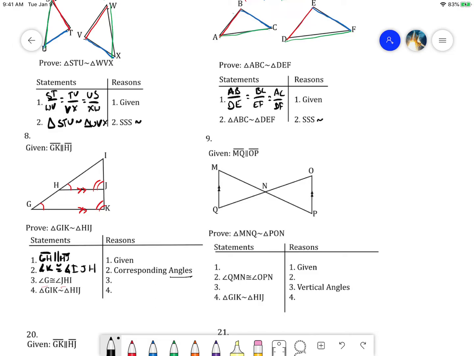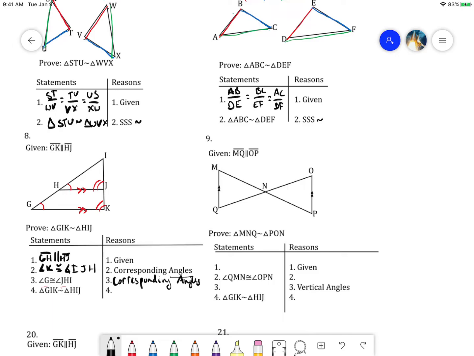I'll give you guys a hint. You already know it. They're corresponding angles. They're corresponding angles as well. So for the exact same reason. Okay? Because they're corresponding angles as well.